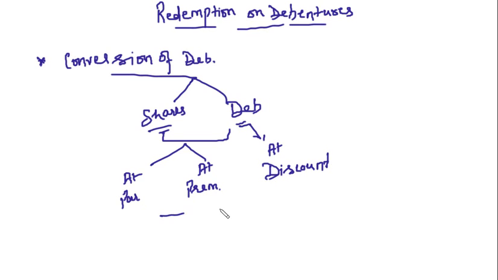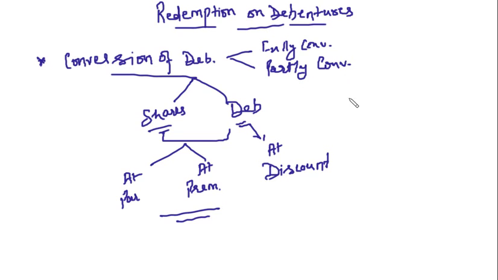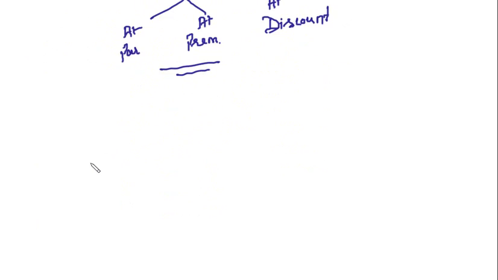We also discussed that these debentures can be fully convertible or partly convertible. Clear? So this is all we have discussed in redemption of debentures by conversion into shares or new debentures. Now there is one small thing that we need to discuss and we'll wrap up this chapter.